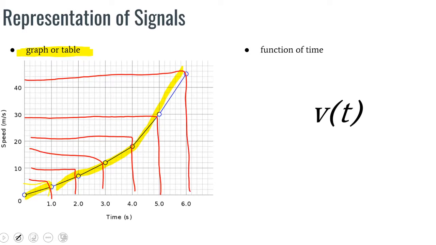Or sometimes we may also represent them in the form of a function. Certain signals may be represented as a mathematical function. So depending on the situation and circumstances, we may use both.